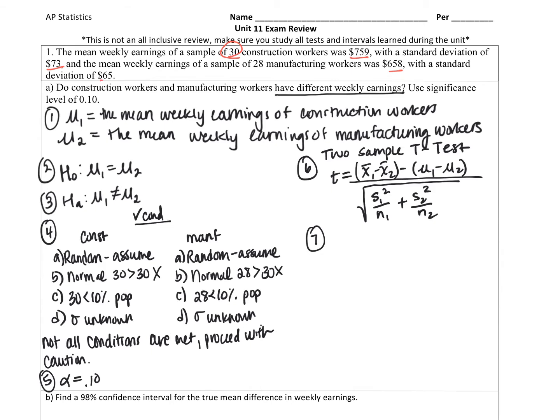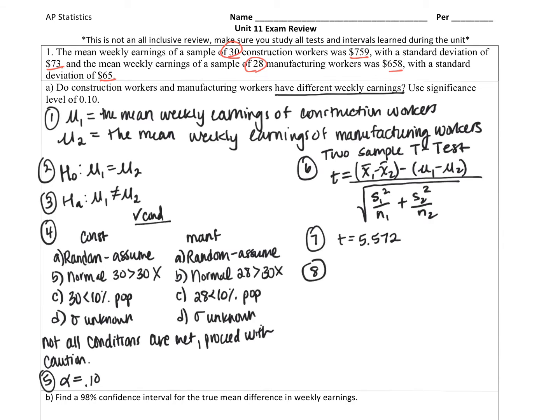S sub x2 is 65. And n2 is 28. And we're dealing with a not equal to situation. Remember, pooled, just leave it as no and hit calculate. All right, so here's what we get. We get that t is equal to 5.572.